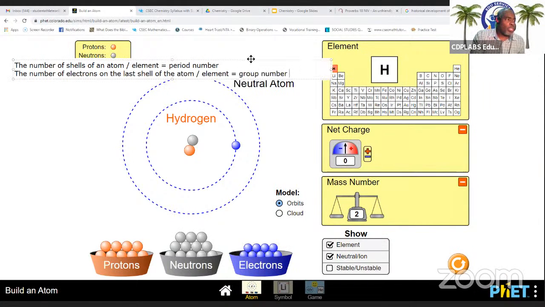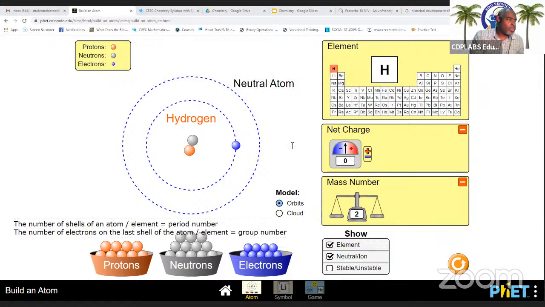So you need to just know these two key pieces of information right here. Write that down. You have that? Finish writing?